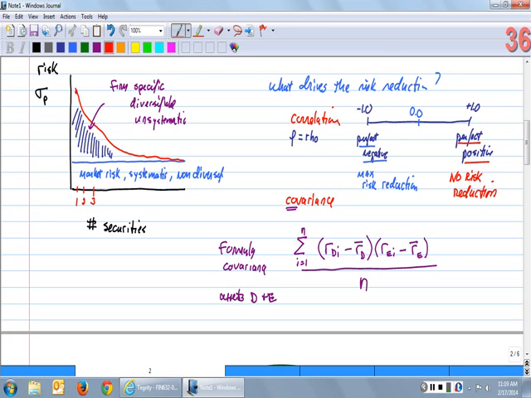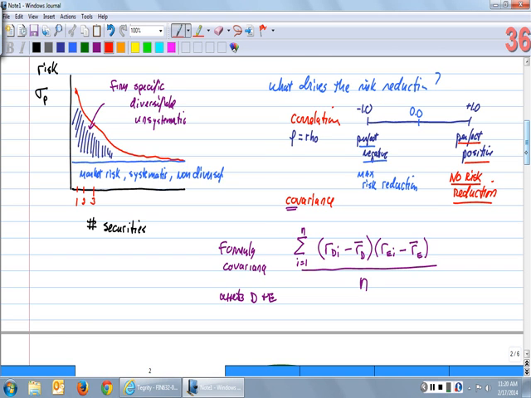We would get the most offsetting volatility. And at the other end, on the right hand side, if we have two assets that have perfect positive correlation, look how much risk reduction I said you get. None.